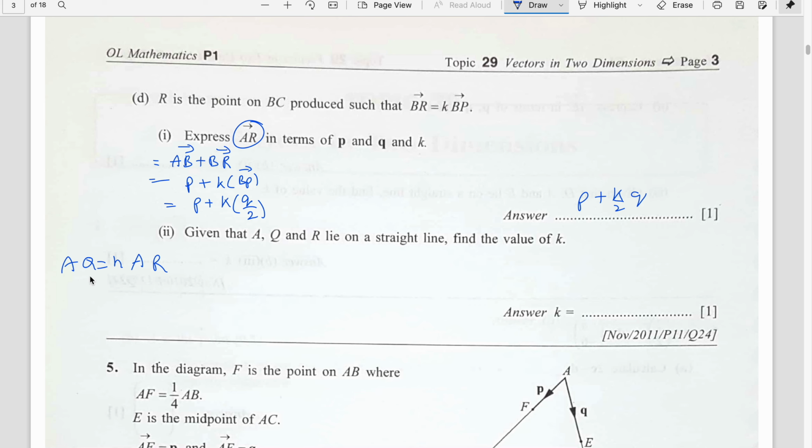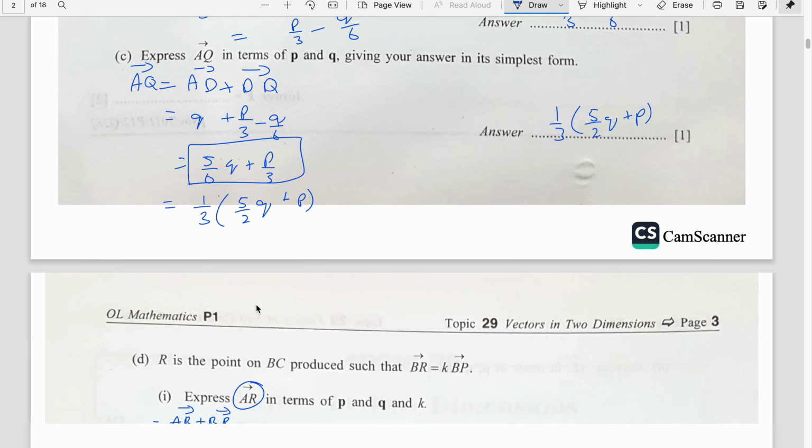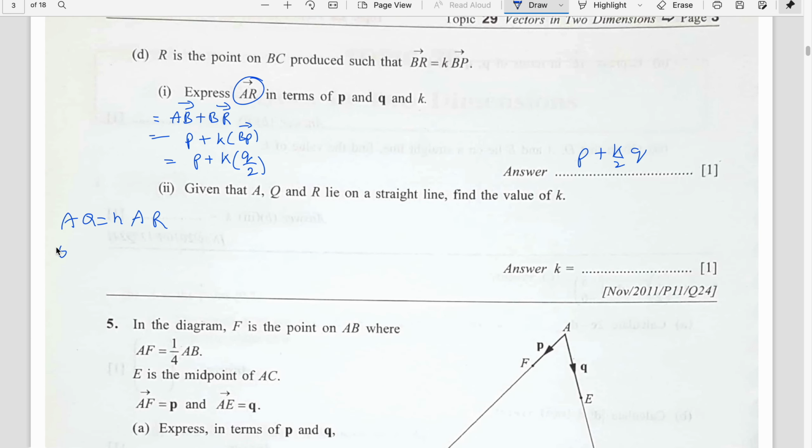Just copy these values. AQ was 5 by 6 Q plus P by 3, which is equal to H times AR, that is P plus K by 2 Q.